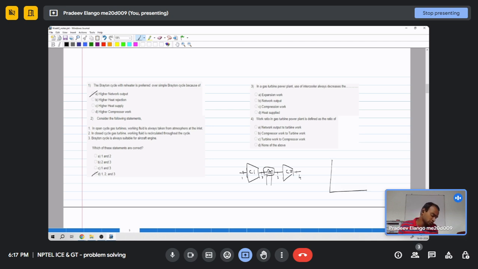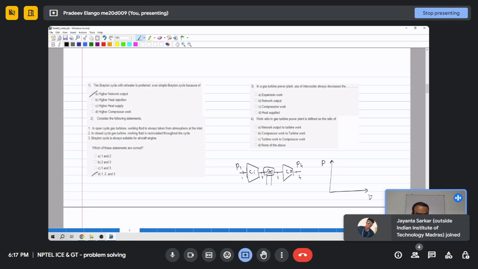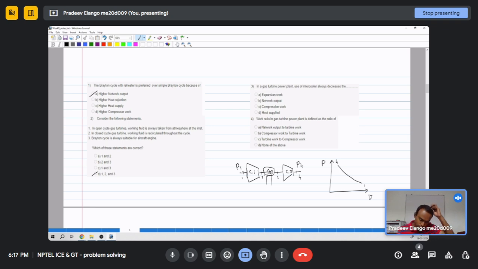To represent this in a PV diagram, if you have to compress, say from P1 to P4 with a single stage, you would have gone somewhere like this, 1 to 4. Now, if you are cooling, then you stop somewhere at point 2 and use an intercooler between 2 and 3 where the heat is rejected at constant pressure.